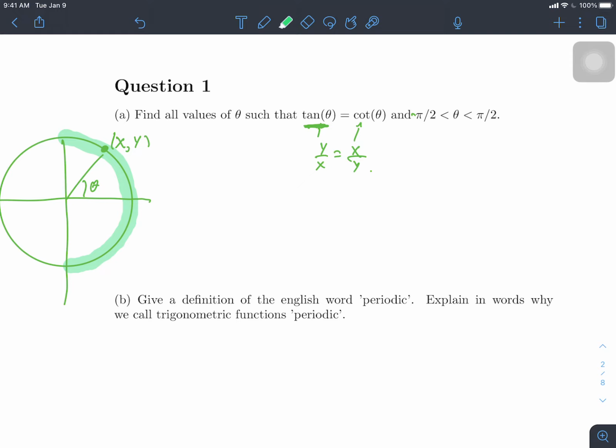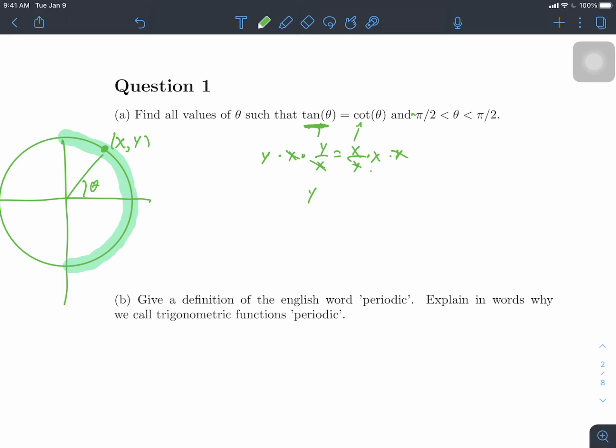And let's just rearrange this equation a little bit and see if we can get some further information. So first I'm going to multiply both sides by x, and I'm also going to multiply both sides by y. That's going to cause these to cancel on this side, and on the other side, the y's are going to cancel.